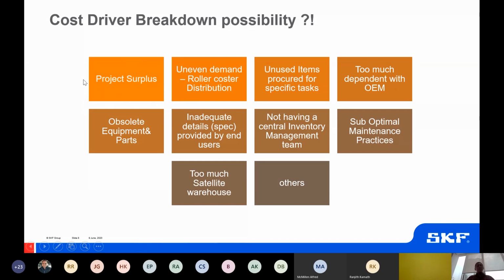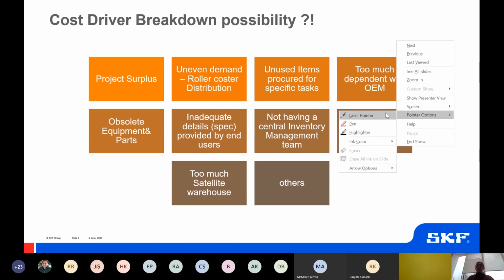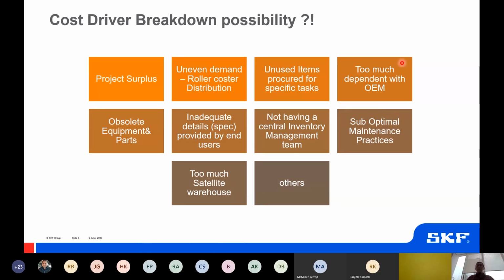The first is project surplus. Even though we have the same facility for the same operation for the past 30 years, whenever we create one modification or one new project, there is always a project surplus, and sometimes this project surplus becomes dead stock for a period of time. The other one is that we are often too dependent on the OEM for everything.